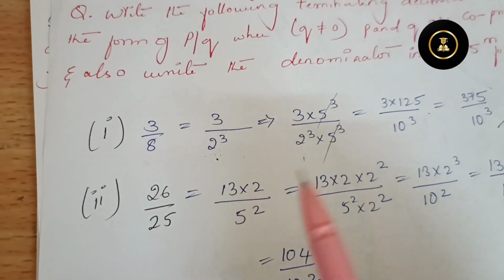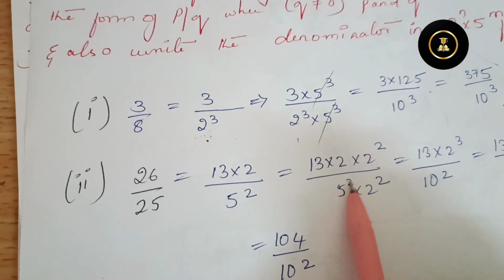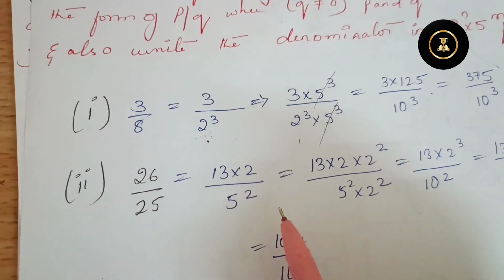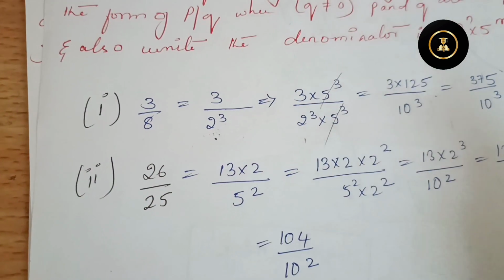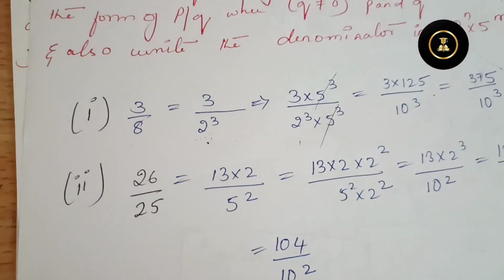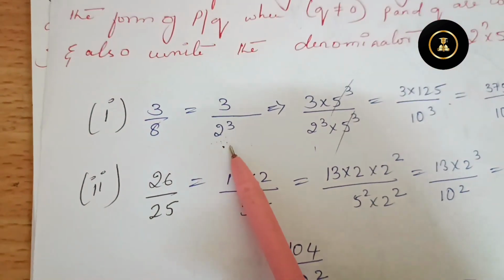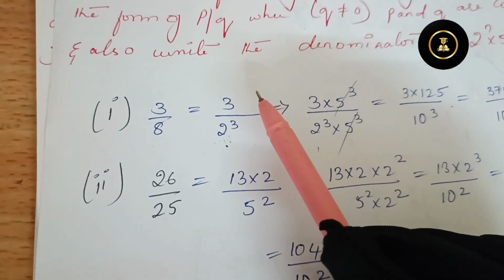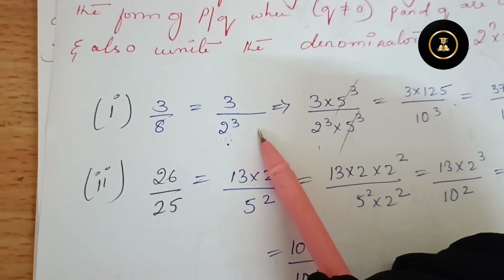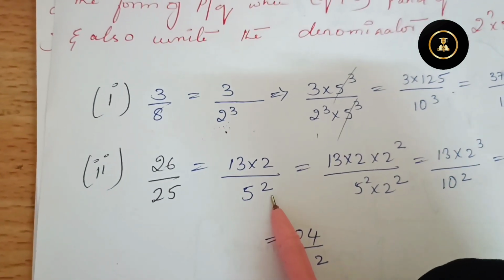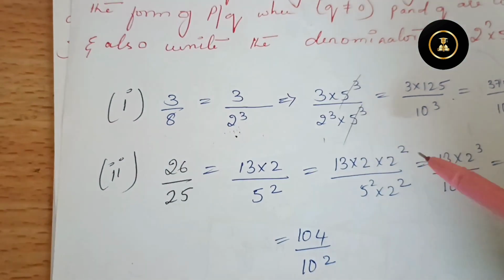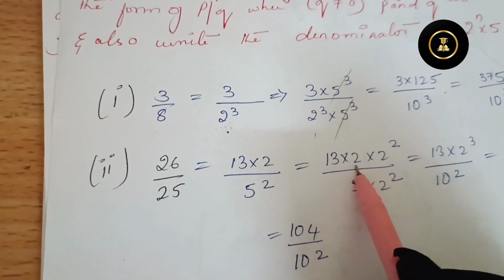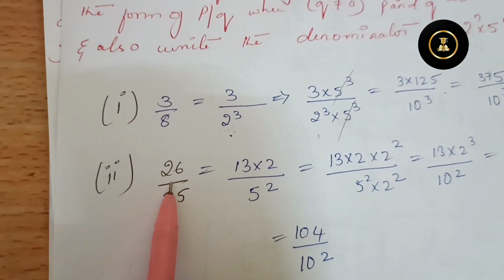Now in the previous problem also, what we did: if 2 cube came, we multiplied the numerator and the denominator with 5 cube, the opposite. Now in this problem we got 5 square, so we are multiplying the numerator and denominator with 2 square. Already this 2 is there, 13 2s are 26.